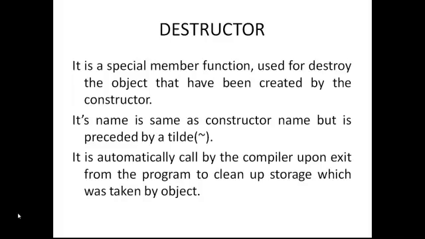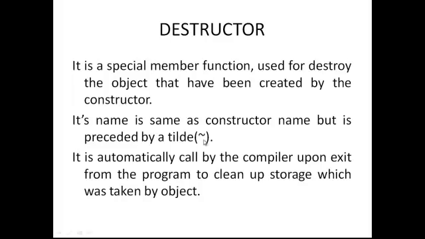The name of the constructor and the name of the destructor are the same. So how can we recognize which special member function is the constructor and which one is the destructor? In the definition or declaration of the destructor, we use a symbol known as the tilde sign.